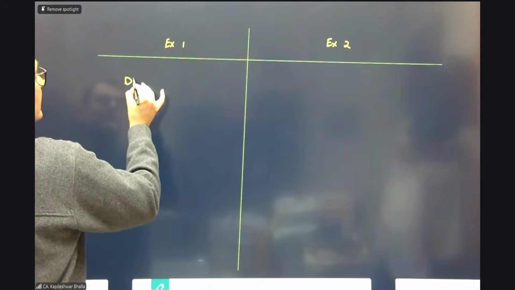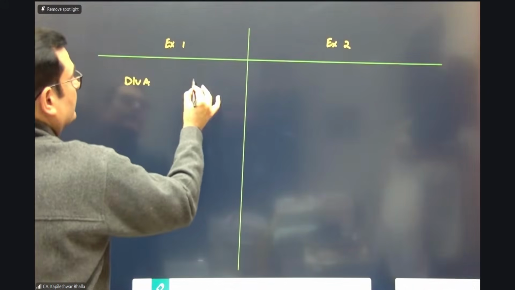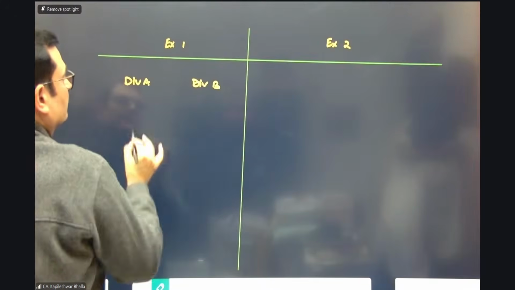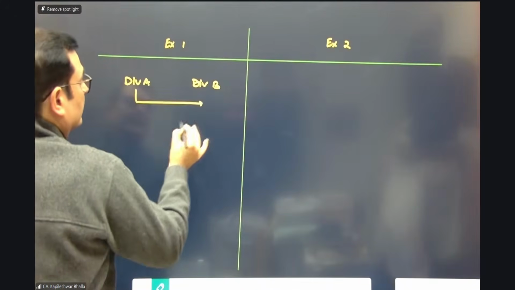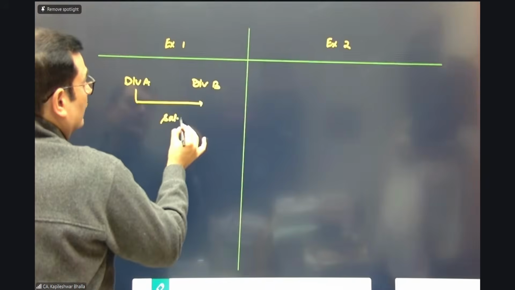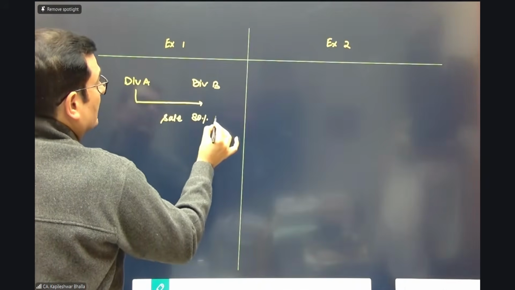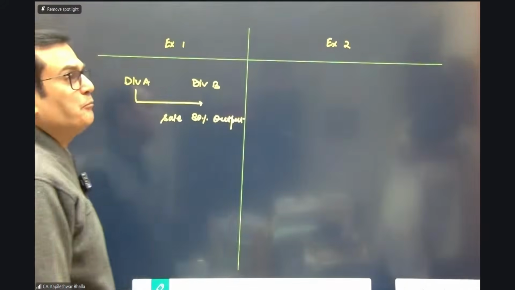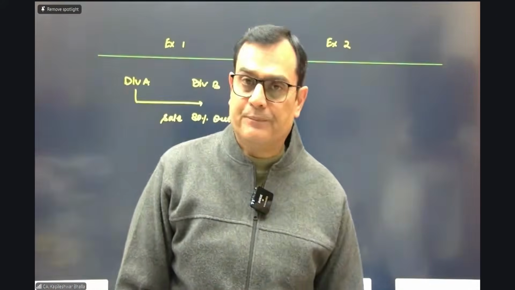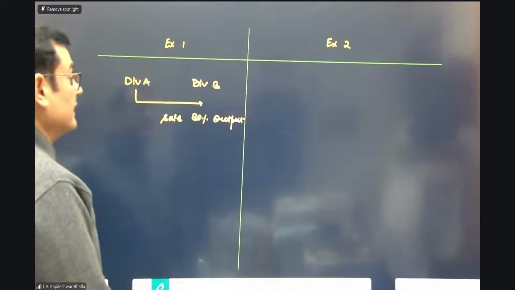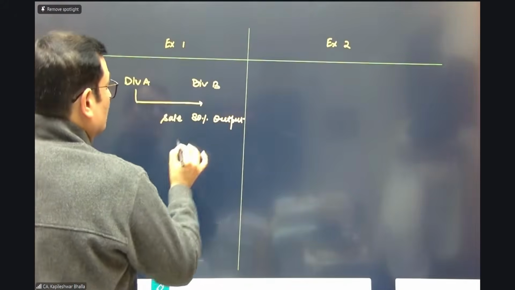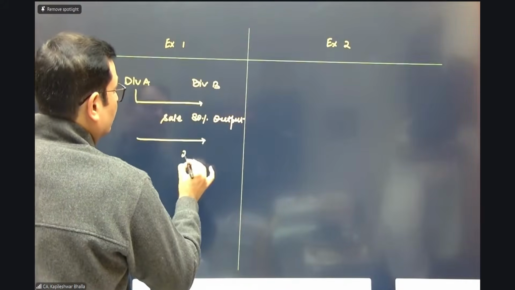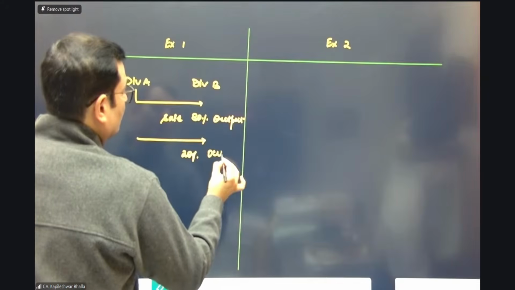Let's say there is a division A and a division B. Division A is making a sale of 80% of its output to division B, and the remaining 20% is being sold to outsiders.